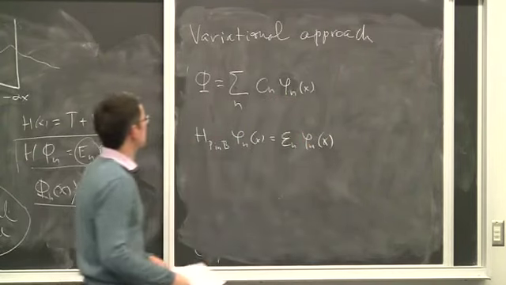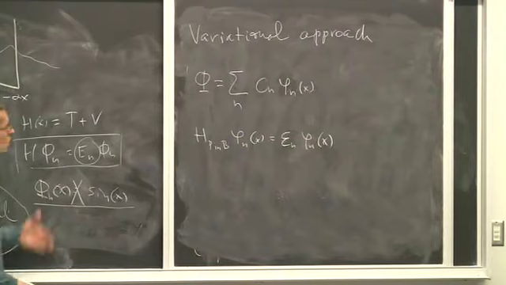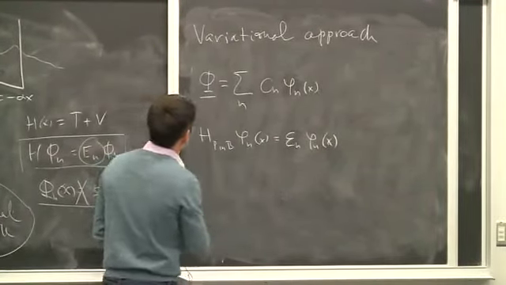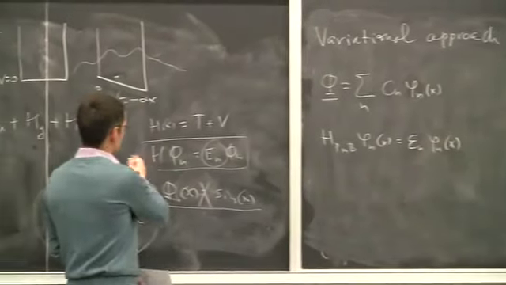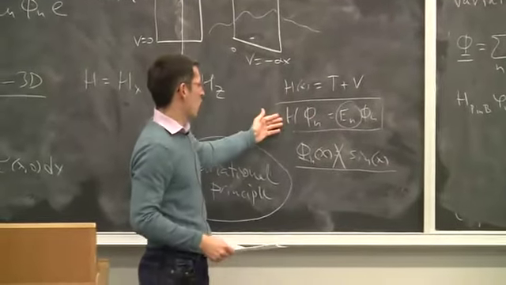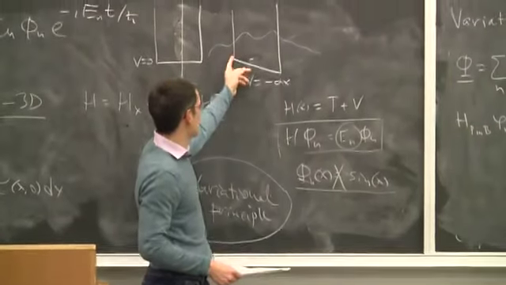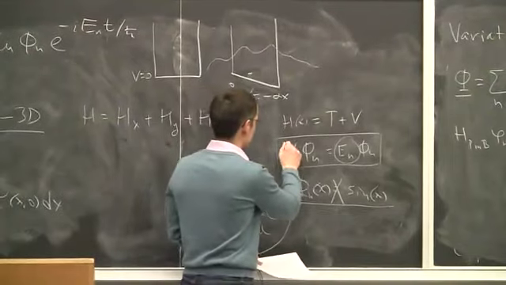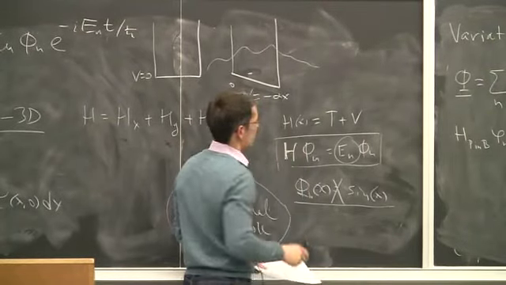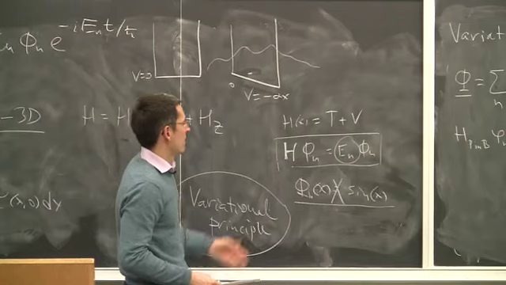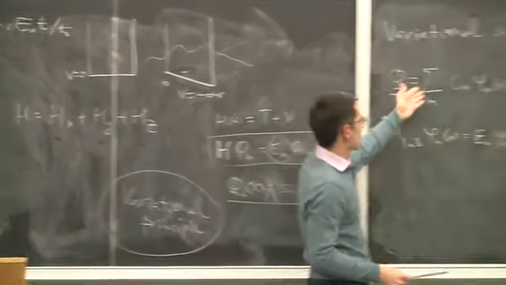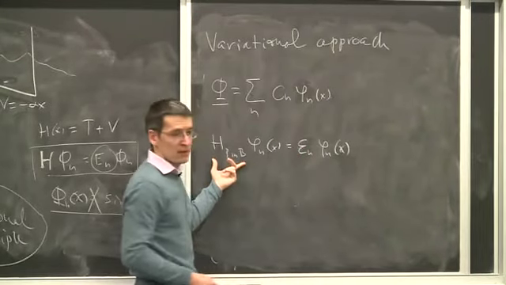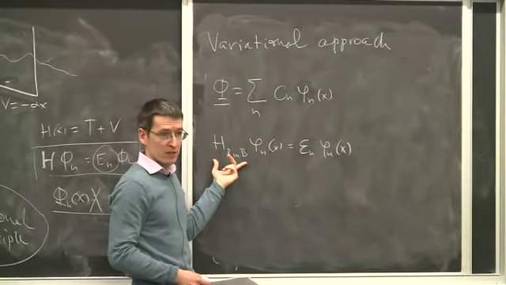What I'm trying to do here is find a solution for the problem of a particle in a box with an inclined bottom. So that's my Hamiltonian. I'm trying to find this function as a linear combination of solutions for a problem that I know how to solve.